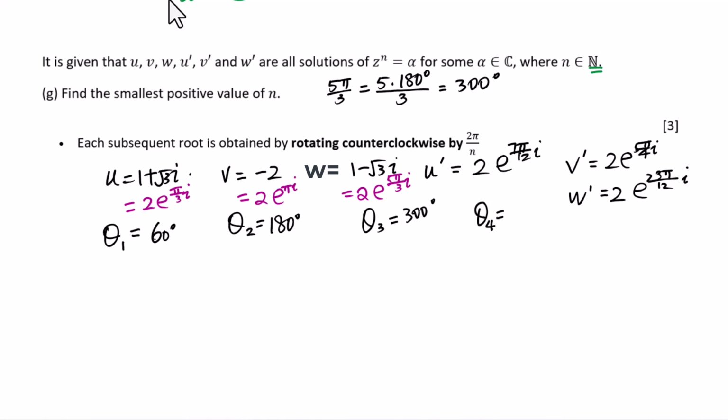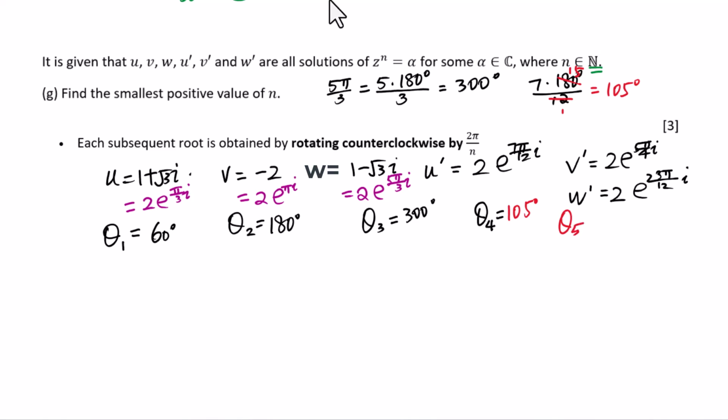The argument of u prime equals 7 times 180 degrees over 12, reduce, equals 105 degrees.